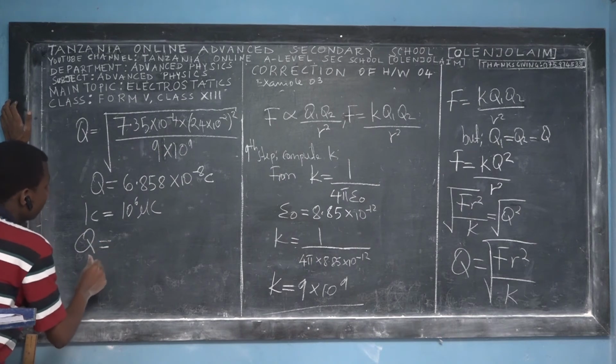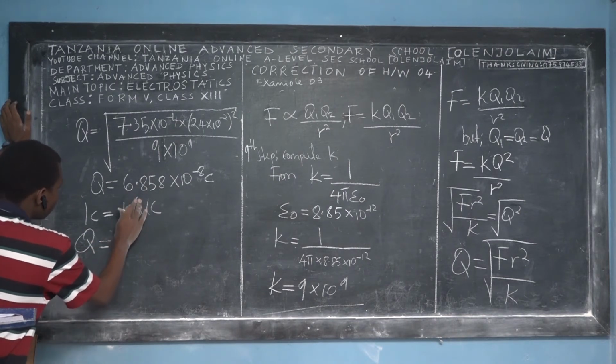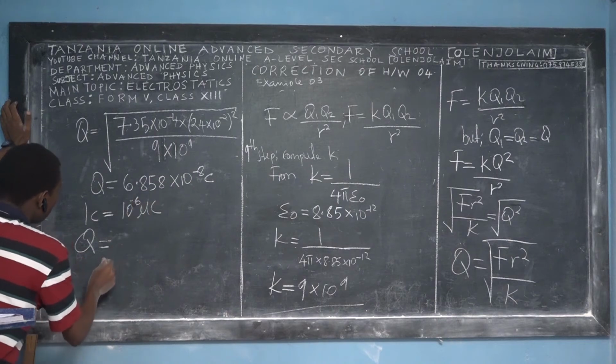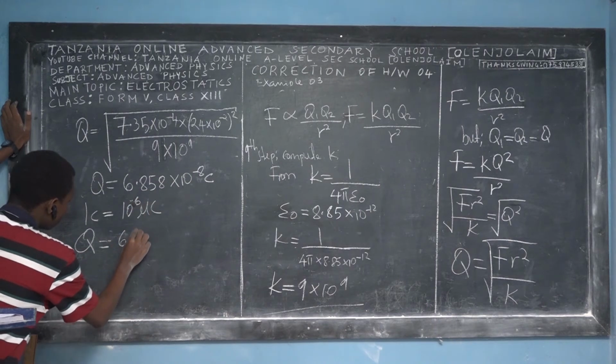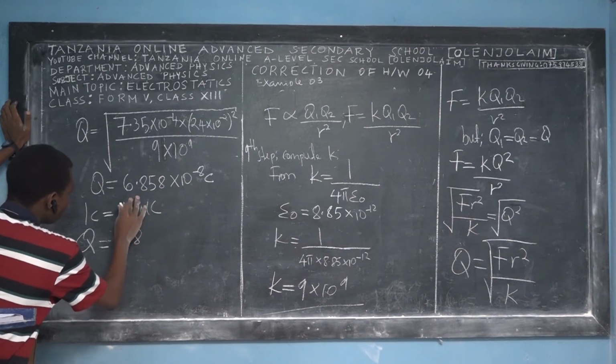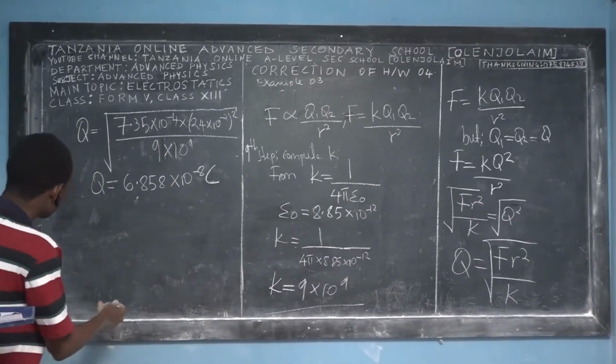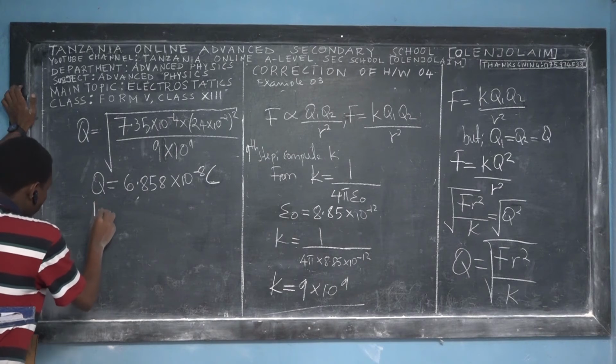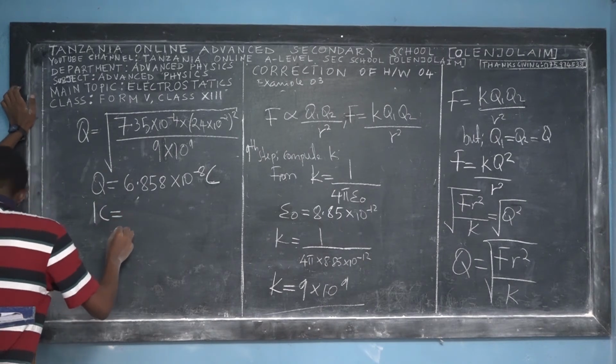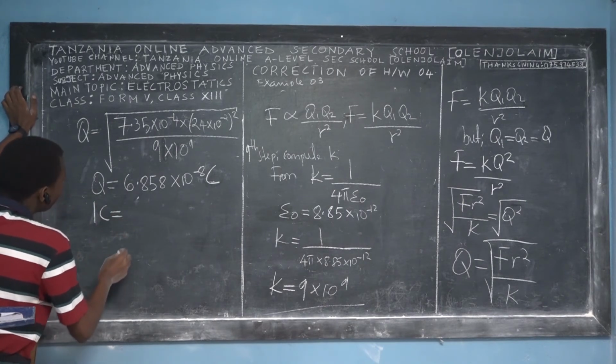Q is equal to 6.5. So recall one coulomb is equal to 1 coulomb.